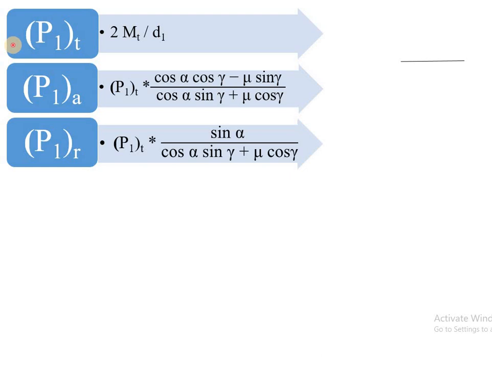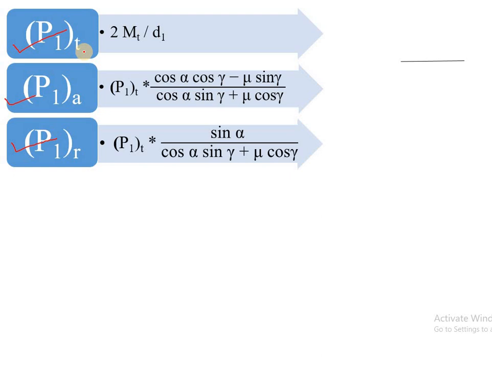There are three components of tooth forces. First we have to calculate these three forces P1T, P1A and P1R. When it is asked to calculate the components of tooth forces, you have to calculate the components for worm and worm wheel.